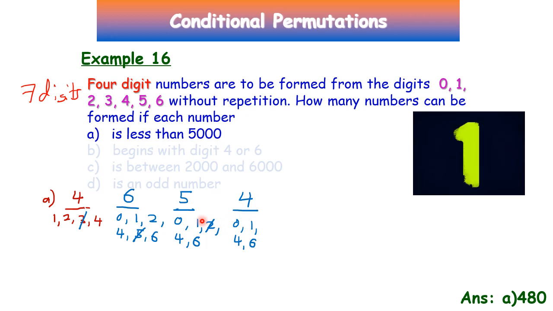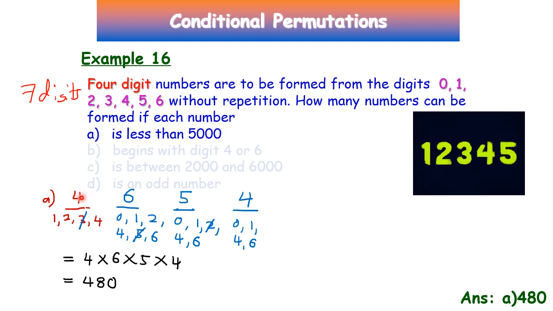Using this method, to find the total number of arrangements, we just multiply 4 times 6 times 5 times 4. So we got the total arrangement is 480.